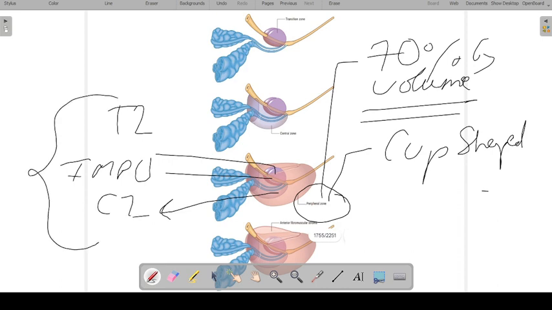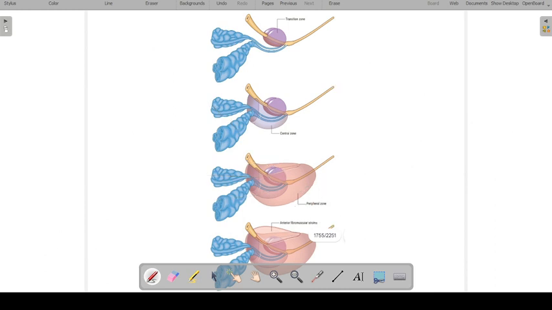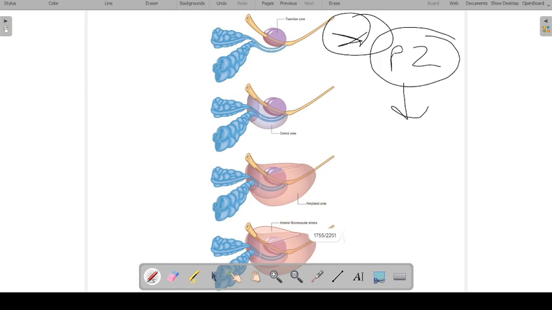Except anteriorly, which is the space filled by the anterior fibromuscular stroma. Now let's talk about another important thing: the peripheral zone is prone to carcinoma.